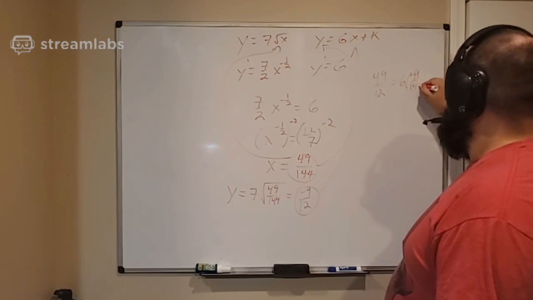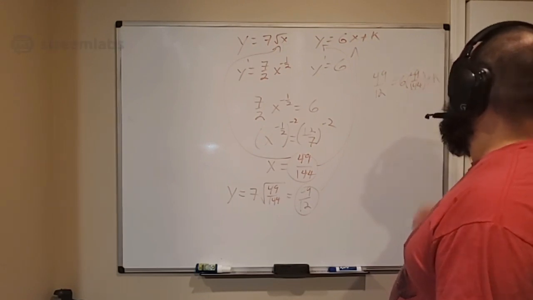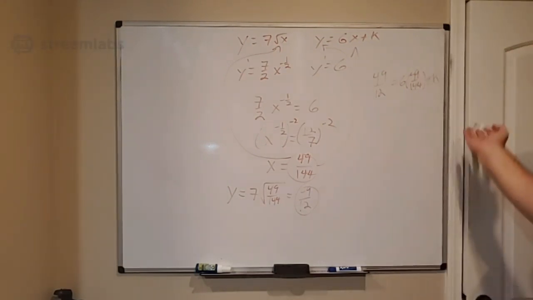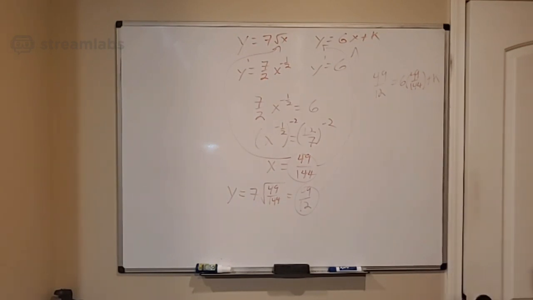And use your scientific calculator to solve for that fraction, because I don't really feel like doing it. And that should get you their answer of 49 over 24, apparently. Works for me.